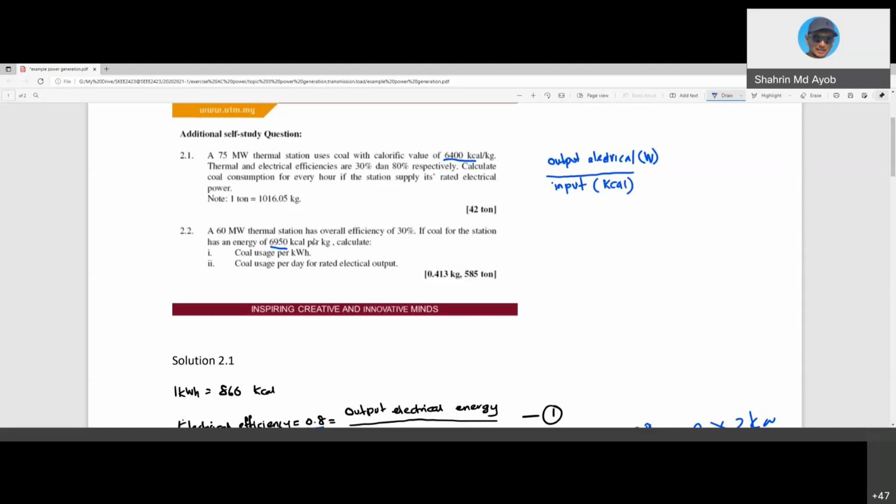This one is in watt. So this is equal to 0.3. And we know that 1 kilowatt hour is equal to 860 calorie.